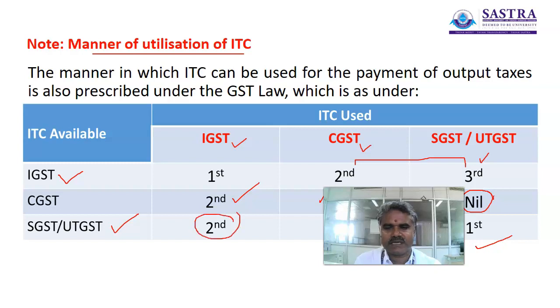If any balance is available, you have to adjust IGST. The excess ITC of SGST and UTGST cannot be adjusted against output tax of CGST. That's all. This is very, very important. This is what we are going to apply for settlement or set-off.